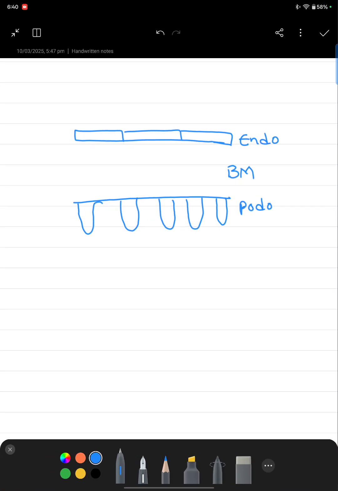Subendothelial deposits, that is type 1 MPGN, will show subendothelial deposits. Now type 2 MPGN will show intramembranous deposits. Kindly listen once again.